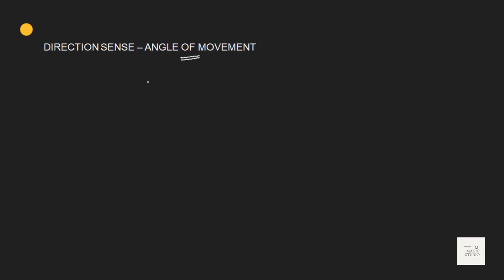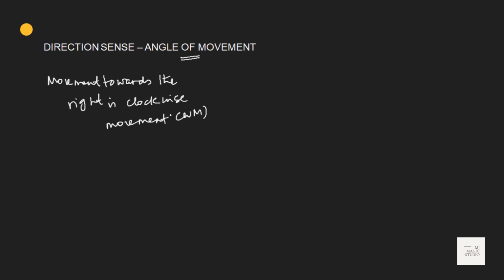Angle of movement. For solving questions based on angle of movement, it is necessary to know the rotation first of all. Movement towards the right is clockwise movement, called CWM. If you are moving towards the right from this direction, it is clockwise movement.